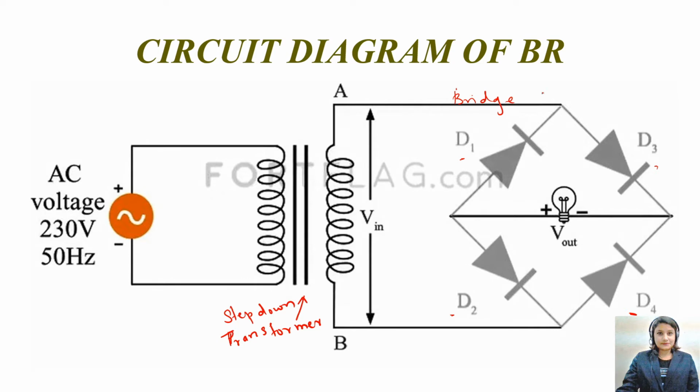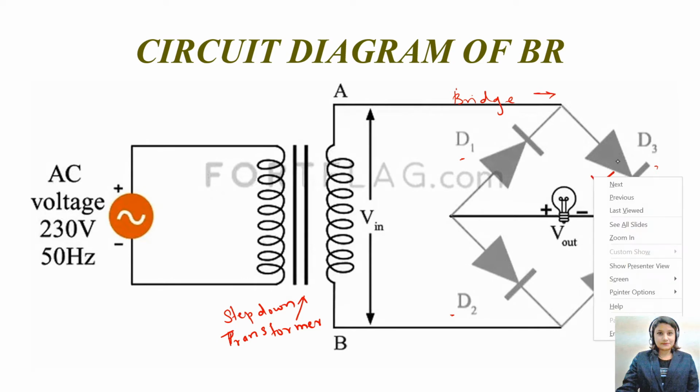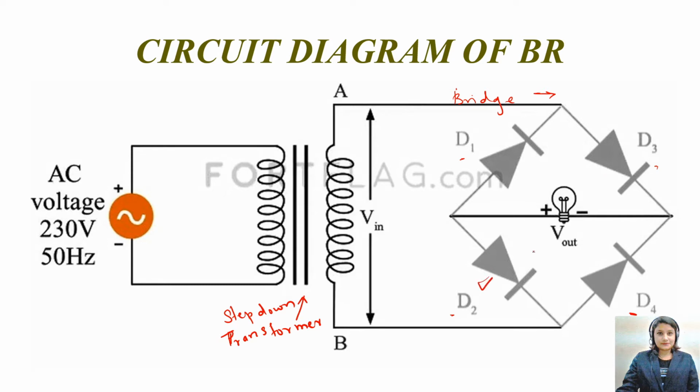Now what do we mean by bridge? It means D3 and D2 are parallel with each other, while D1 and D4 are parallel with each other. The opposite pair of diodes are parallel with each other. That means the voltage in D1 will be equal to the voltage in D4, while the voltage in D2 will be equal to the voltage in D3, and that is how we call it a bridge rectifier.